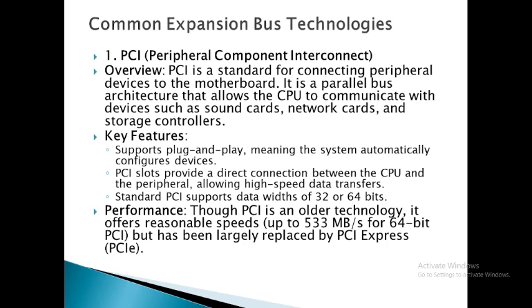It's a technology which is a standard for connecting peripheral devices to the motherboard. It is a parallel bus architecture. This allows the CPU to communicate with devices, e.g. the sound cards, network cards, and storage controllers.